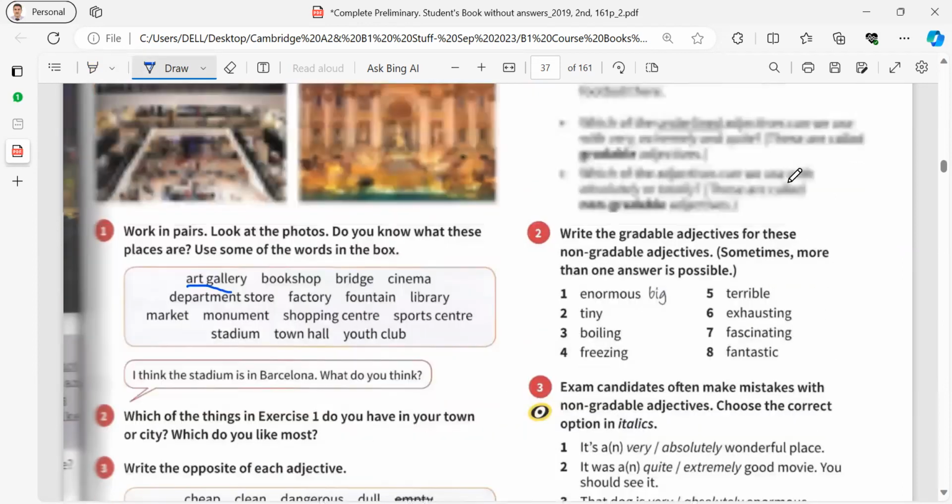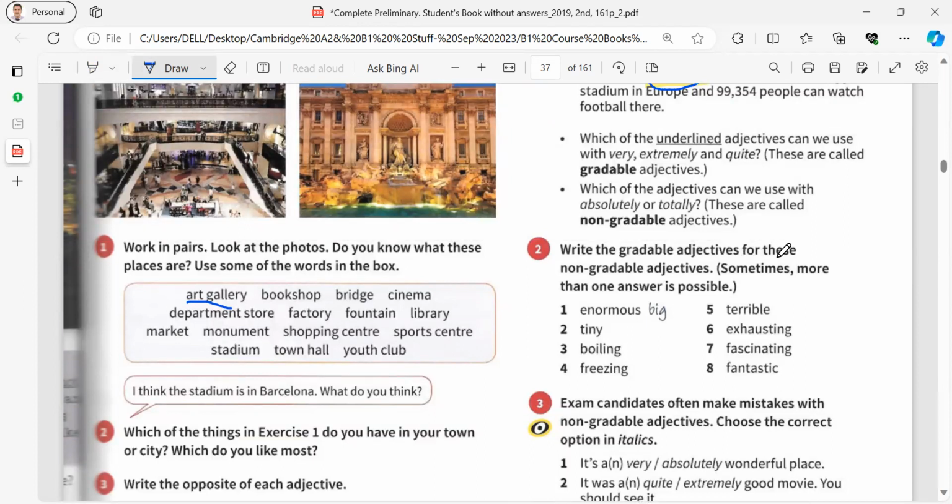So here, write the gradable adjectives for these non-gradable adjectives. Enormous.